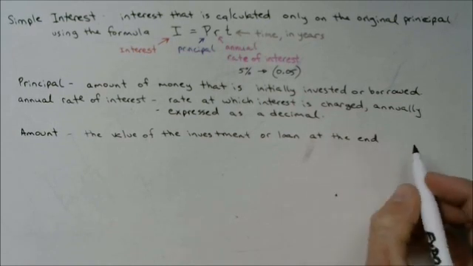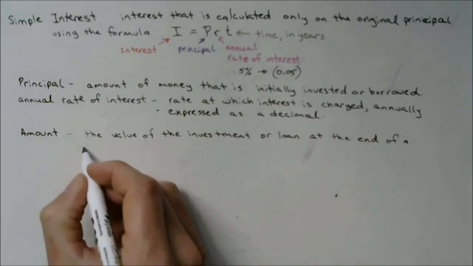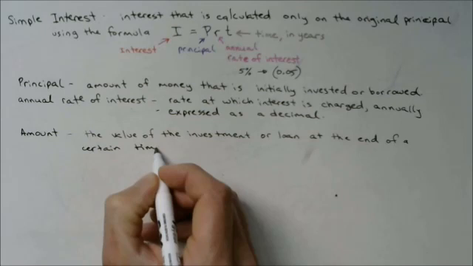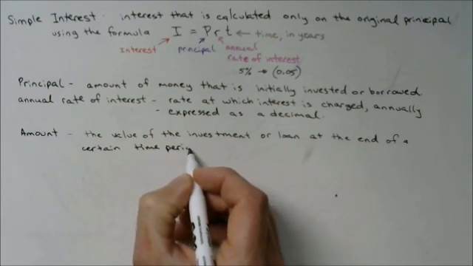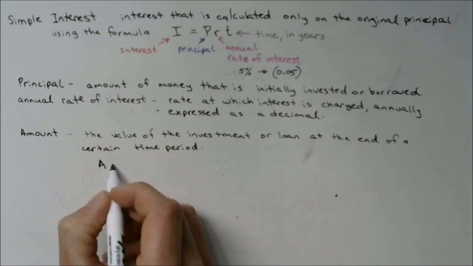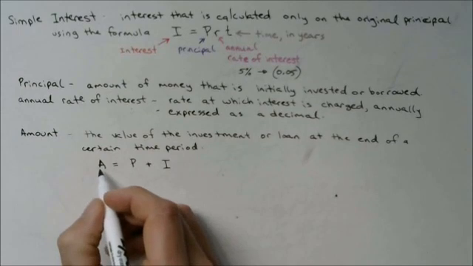The value of an investment or loan at the end of a certain time period. And A equals P plus I.